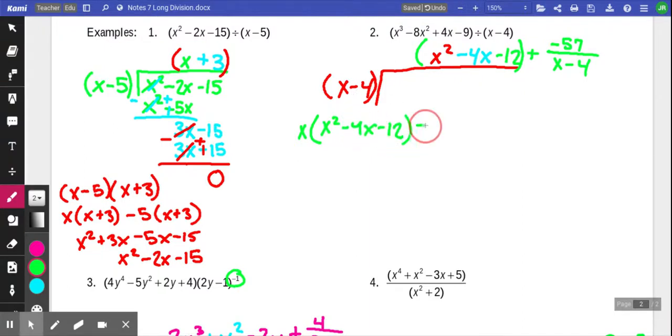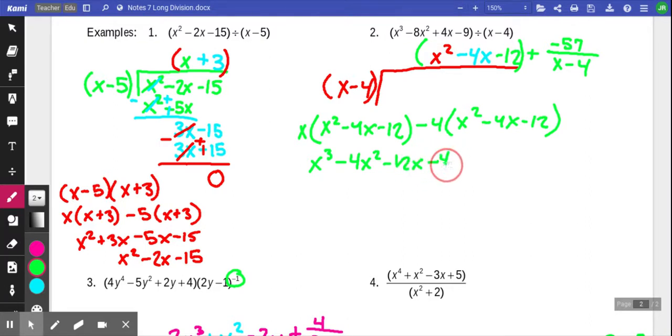And then I'm going to take negative 4 and multiply that by x squared minus 4x minus 12. That's going to get me x to the third minus 4x squared minus 12x. And then negative 4x squared, that'll be plus 16x, and then plus 48.